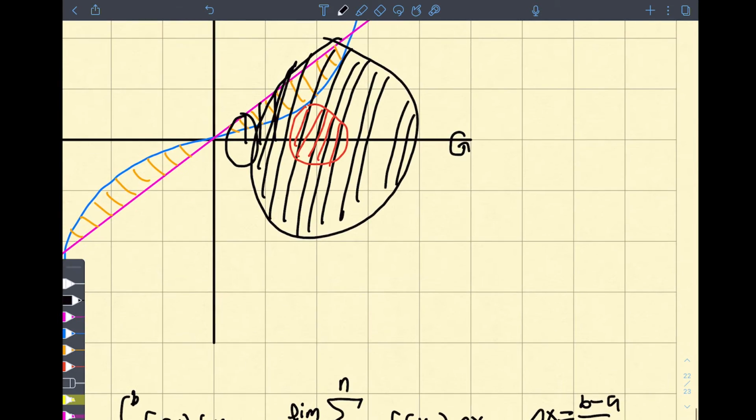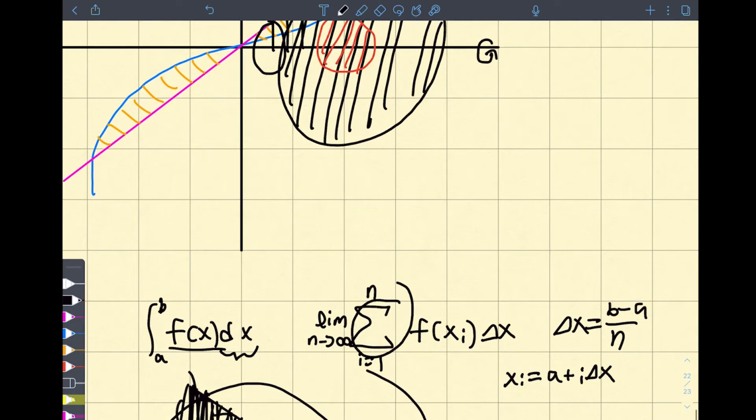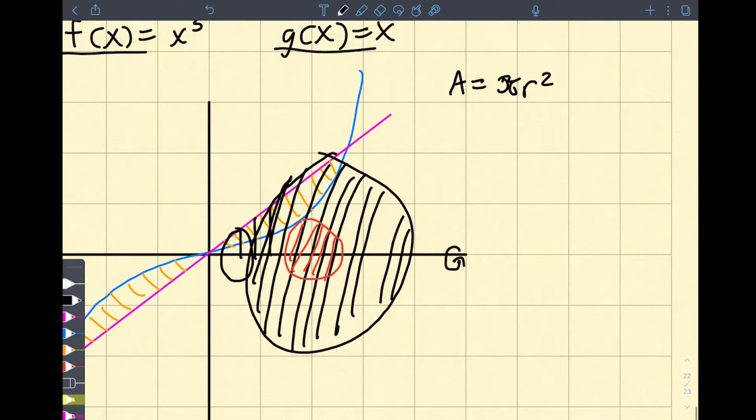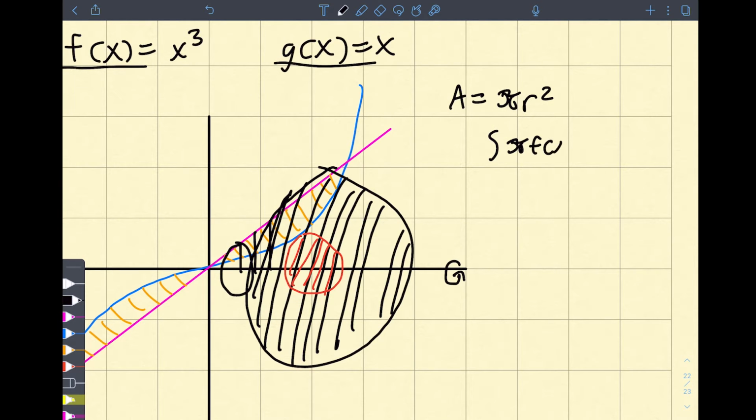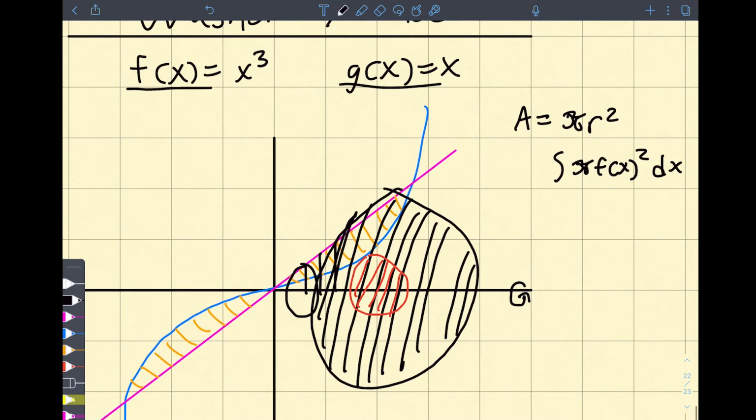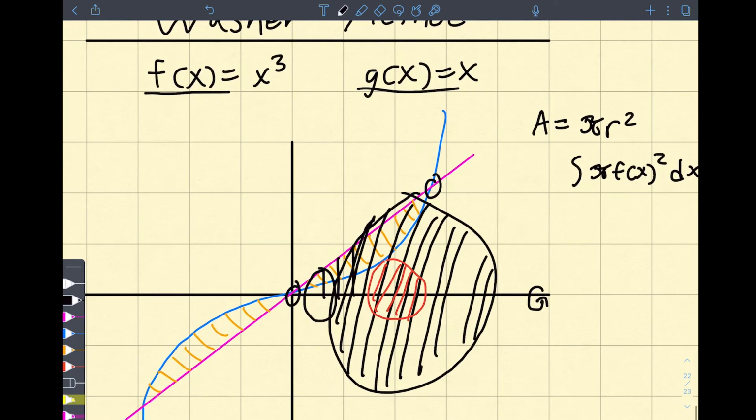And knowing that the integral is the sum of all these lines together, we can do the formula. The integral of pi f of x squared dx from these two regions, from 0 to whatever this region is.